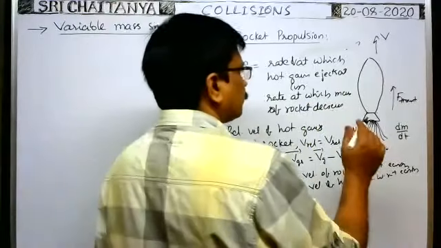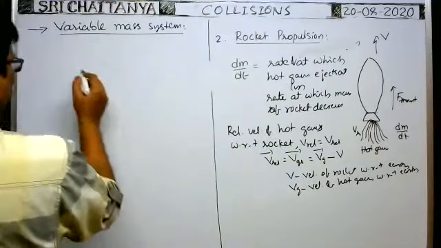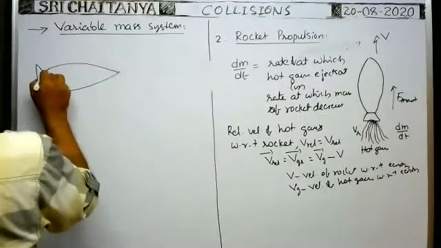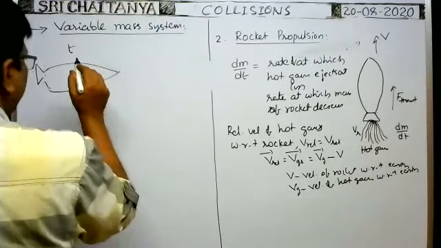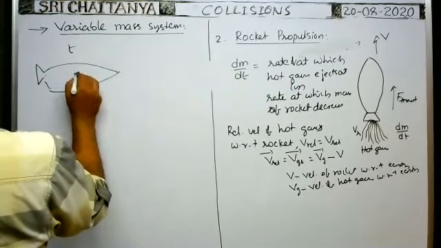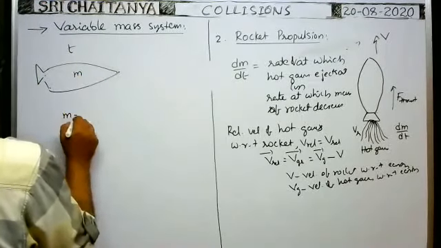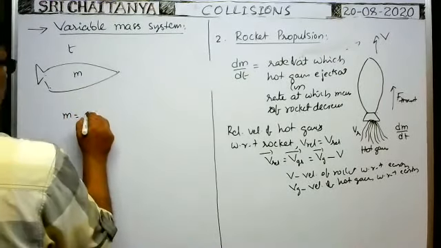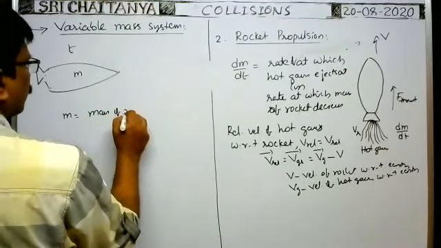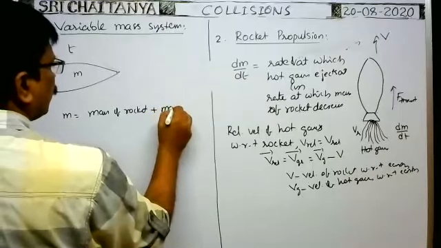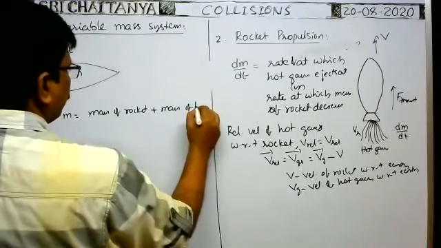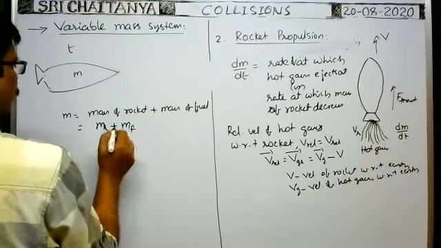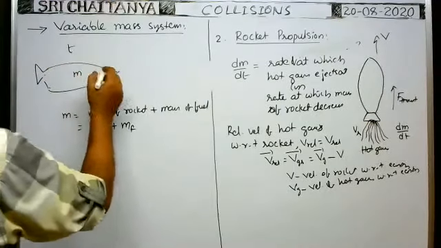So the weight of the hot gases or rocket can be ignored when compared with the force exerted by hot gases on the rocket. Suppose this is the rocket. At any time t, the mass of the rocket is say m. Mass of the rocket means the mass of the rocket plus the mass of fuel, the total mass: mass of rocket mr plus mass of fuel mf at any time t.